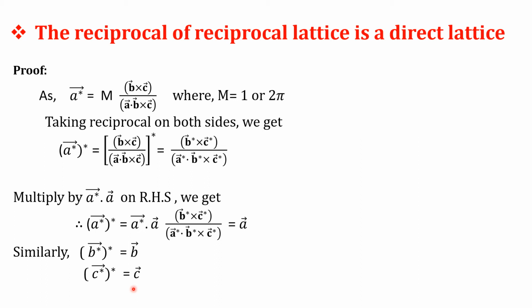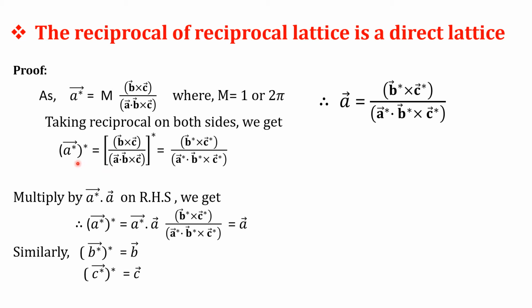We find earlier vector A star equal to B cross C divided by A dot B cross C. But if we take vector A equal to, what is the term? That we substitute here.